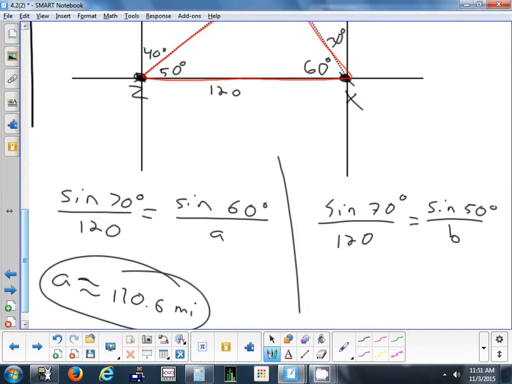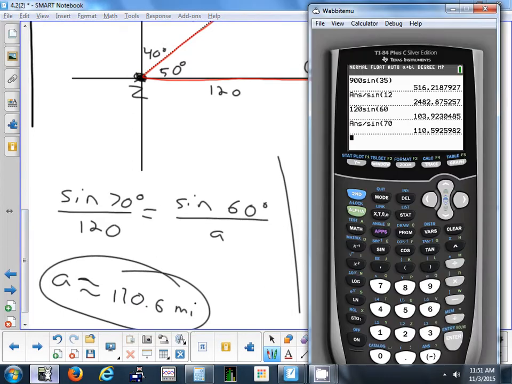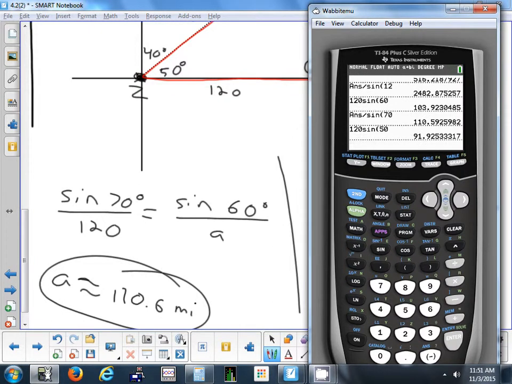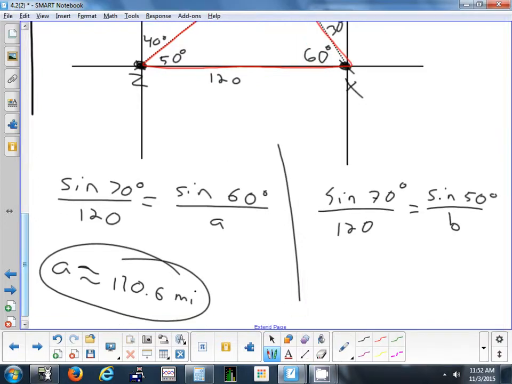And the other one, I'm going to do 120 sine 50, and divide by sine 70. So the distance there is 97.8 miles.